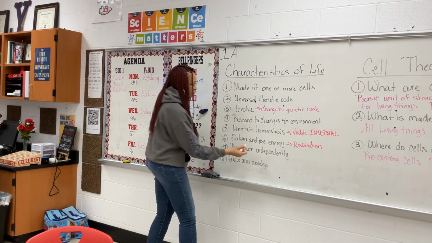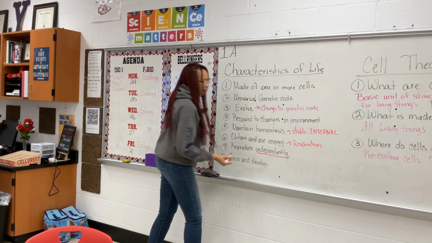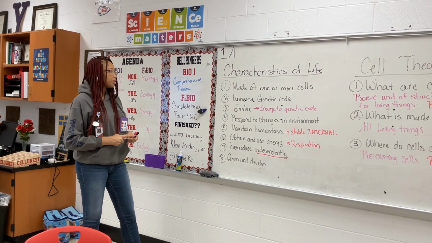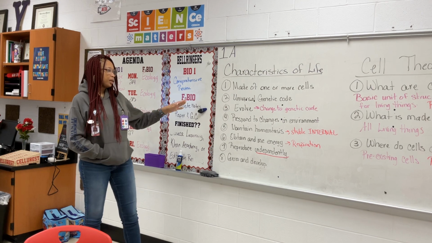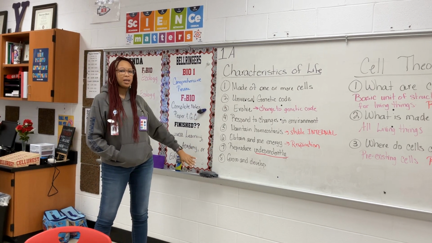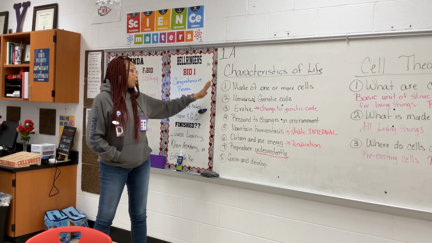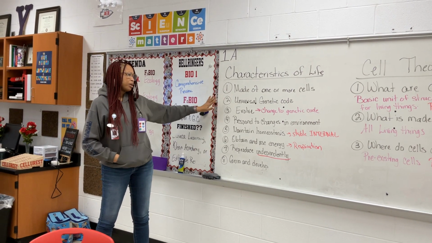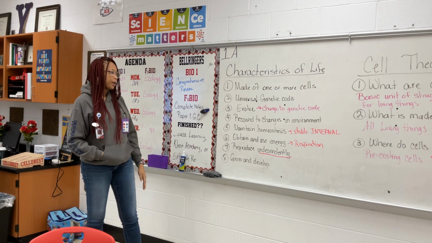You must reproduce, but that reproduction must be independent, and you'll see why that's important later on. And you must grow and develop. Those are the 8 criteria that have been set in place by biologists to classify something as biotic. If you don't have all 8, you are not classified as living, you're classified as abiotic.